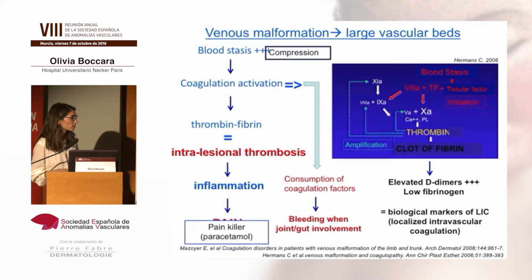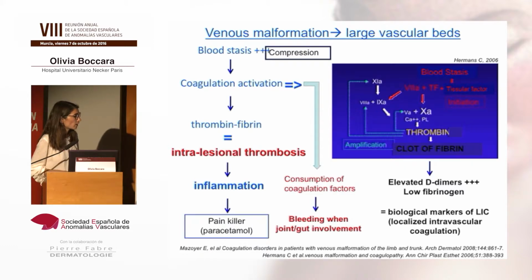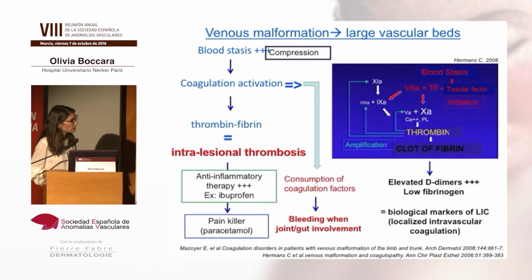So logically you give classical painkillers, but most of the time it's also not enough. Then you can try to treat inflammation, and anti-inflammatory therapy is frequently quite efficient, but with time, sometimes the patient escapes the anti-inflammatory treatment. Then you are at this step, and the idea is to treat the thrombosis.